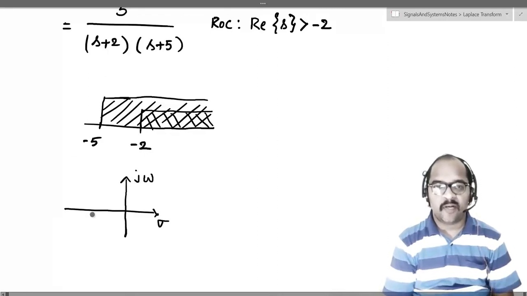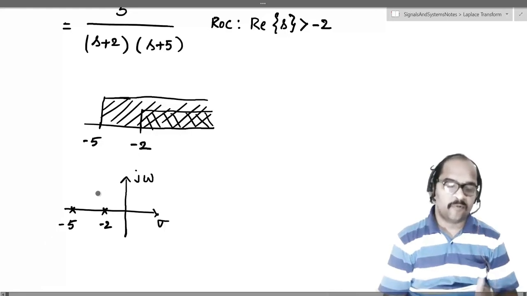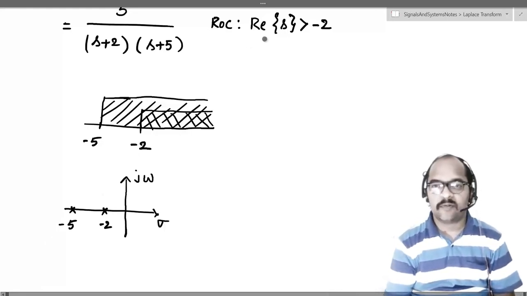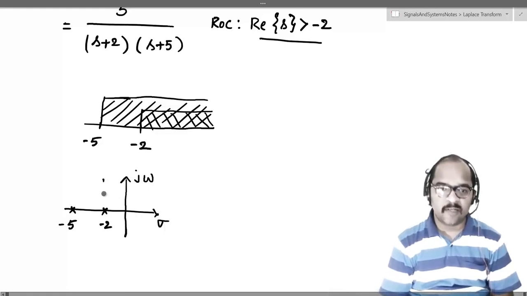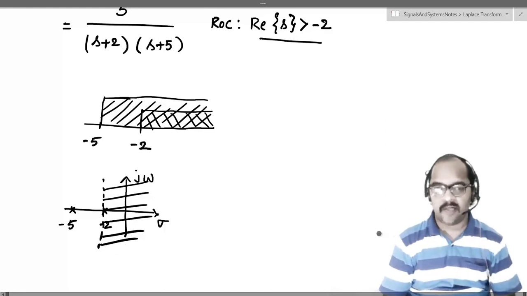This has one pole at minus 2 and another pole at minus 5. So what is the ROC here? ROC is real part of s greater than minus 2. This is the region of convergence for the given Laplace transform.